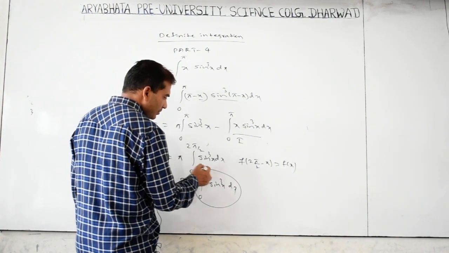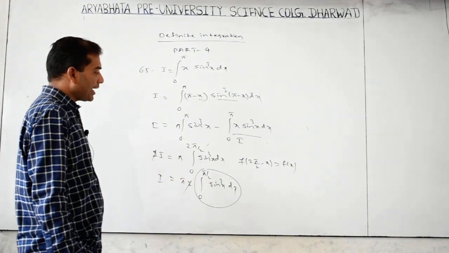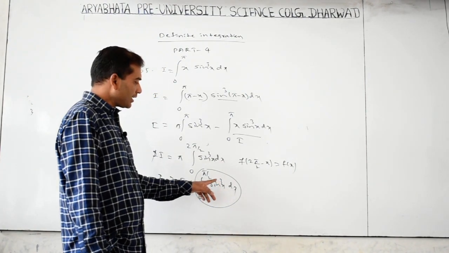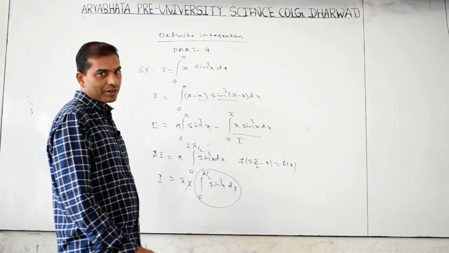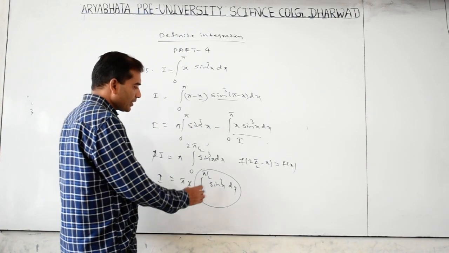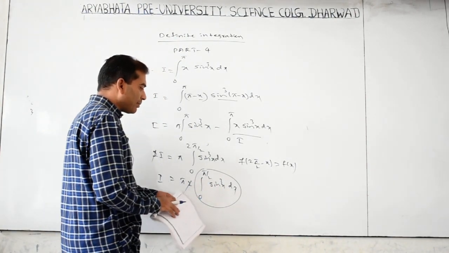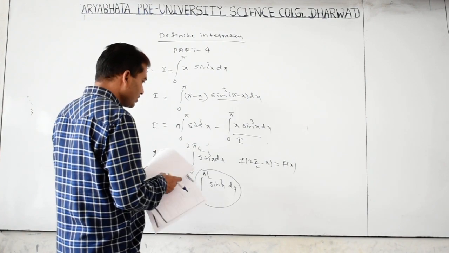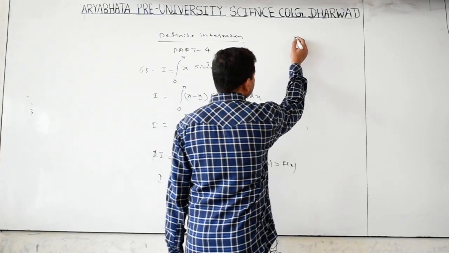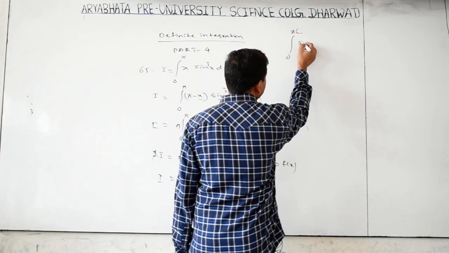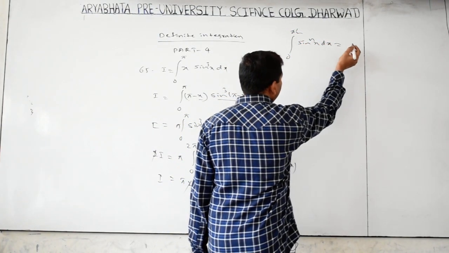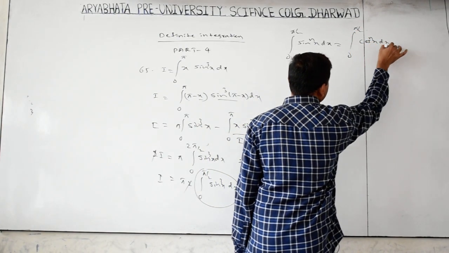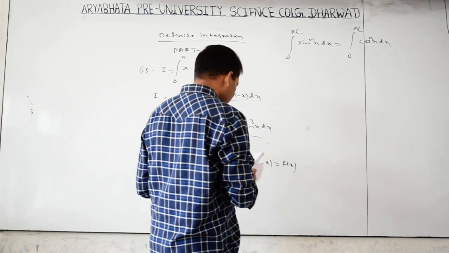This is to find 0 to pi by 2 sine power n x. If it is sine power 4 or sine power 5, there is a shortcut method that I am going to discuss. See, 0 to pi by 2 sine power n x dx, or 0 to pi by 2 cos power n x dx, for both the answer is the same.